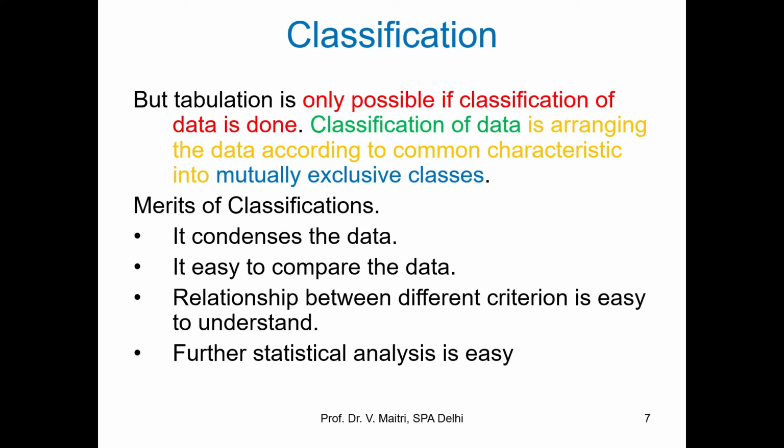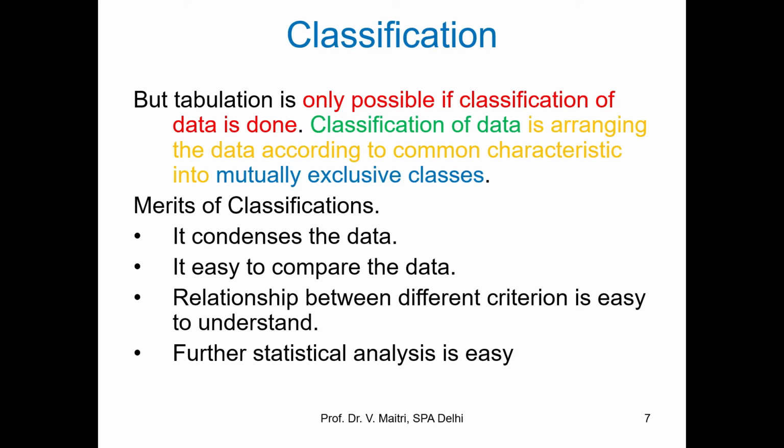So classification of data is nothing but arranging the data according to some common characteristics into mutually exclusive classes. Mind it, mutually exclusive classes. That is, whatever classes we are making, the data should appear in one and only one class, not in more than one class. So what are the merits of classification? Why do we need classification for presenting the data in tabular format?